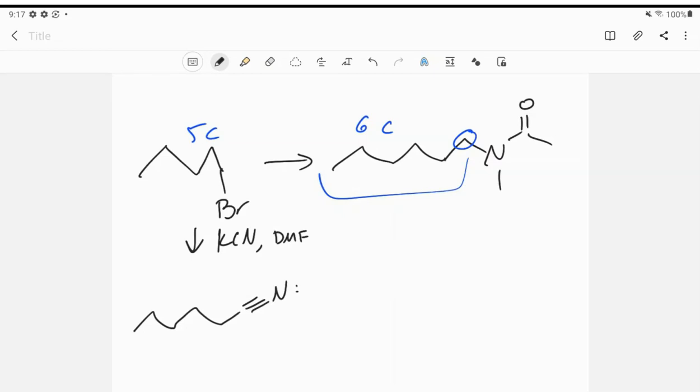DIBAL would turn it into an aldehyde, and that would get rid of our nitrogen. So I would not use that. It depends what you're going to do, but I don't think making an aldehyde will be a useful thing to do right now.